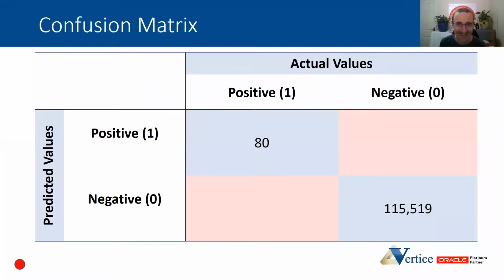Oh dear, oh dear, oh dear. 80. That's not good. No, that's not good at all. That's nowhere near good. And if we look at the false negatives, genuine fraudulent transactions that were just let through with no hassle because the rules didn't pick them up, there's like 1,200 of those, over 1,000.